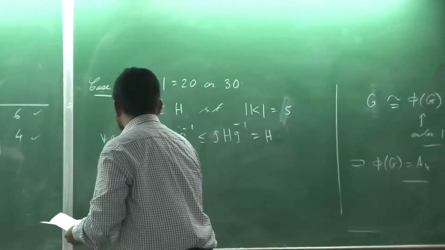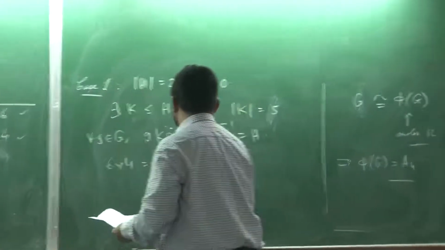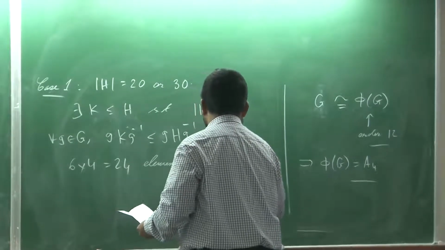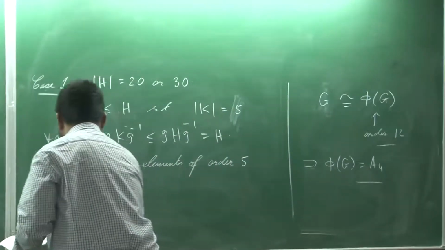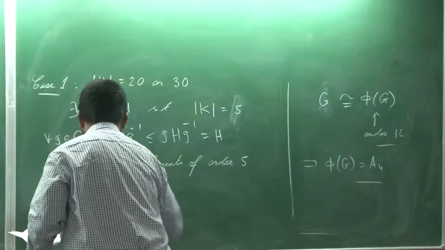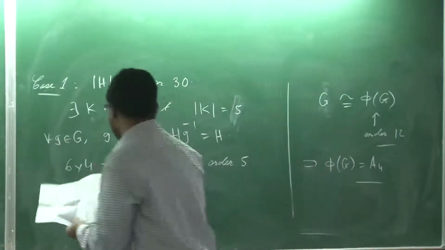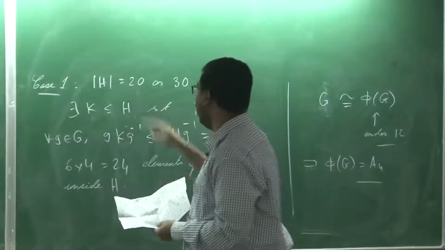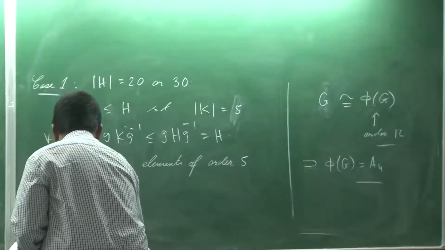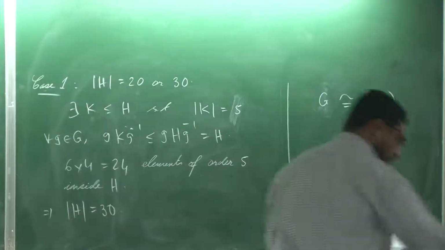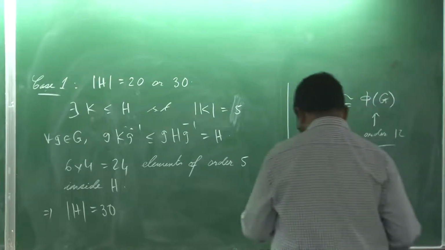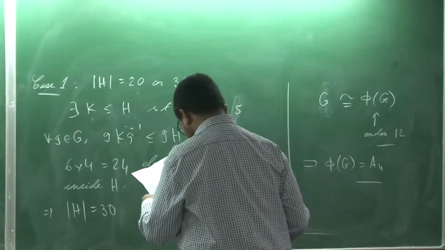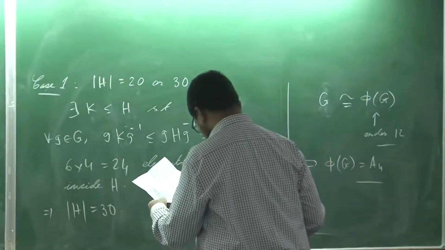Thus you obtain 6 times 4, that is 24 elements of order 5 inside H, and so this immediately rules out the possibility that the order of H is 20. So this shows that it can only be 30.